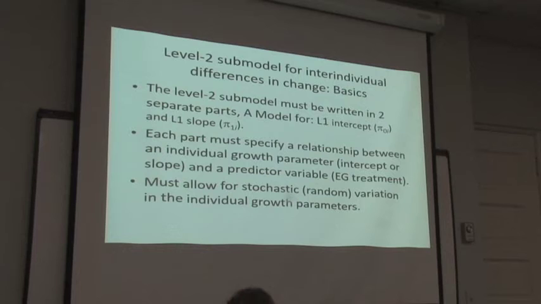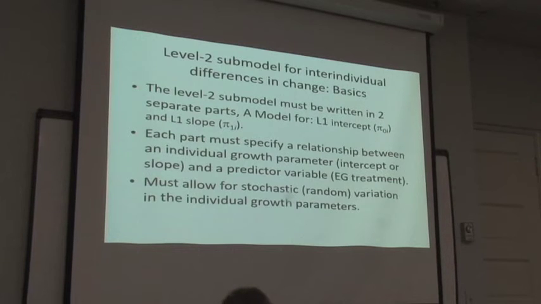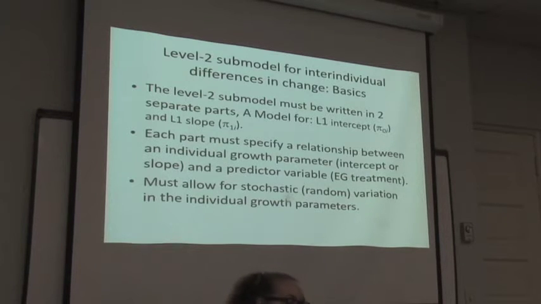The level 2 submodel must be written in 2 separate parts, a model for the level 1 intercept and a model for the level 1 slope. Then each part will specify a relationship between the individual growth parameter and a particular predictor. In this case, the early intervention program, while also allowing for leftover random error.